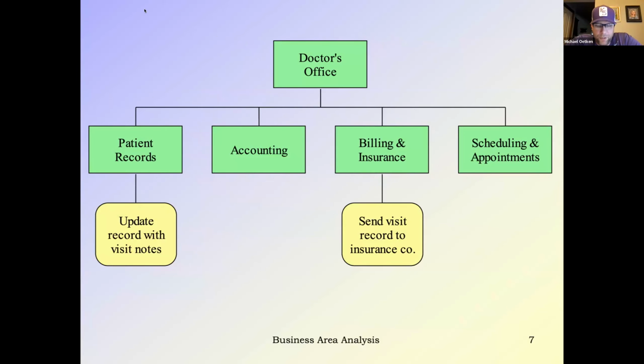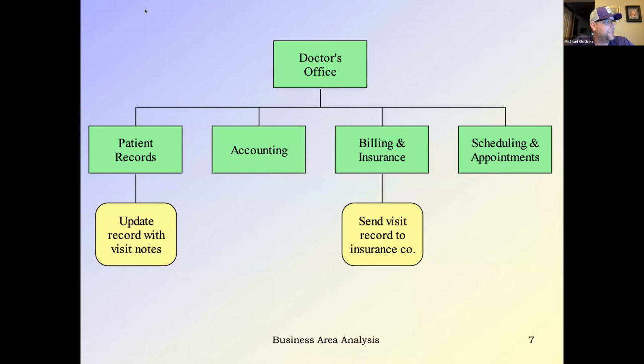At K-State, we have quite a few organizational charts within the organization, but what those charts do is help describe and visually show how all of those different processes tie into the overall business or organization. So in this example, a doctor's office, there are all these different pieces: patient records, accounting, billing, scheduling.